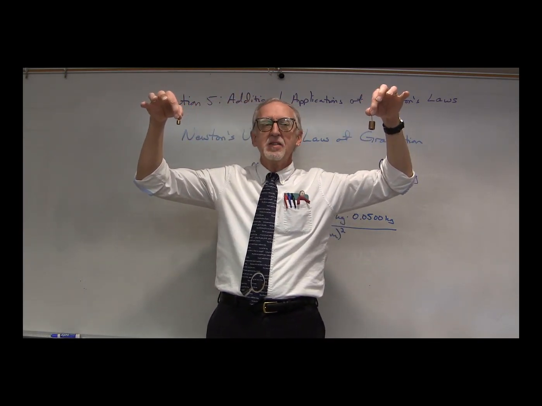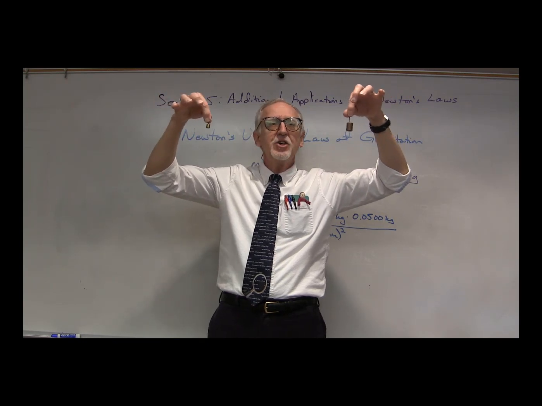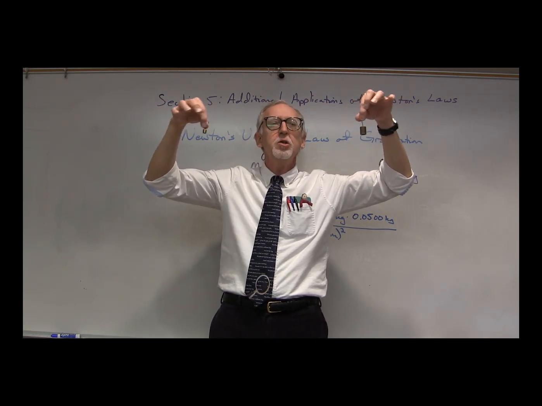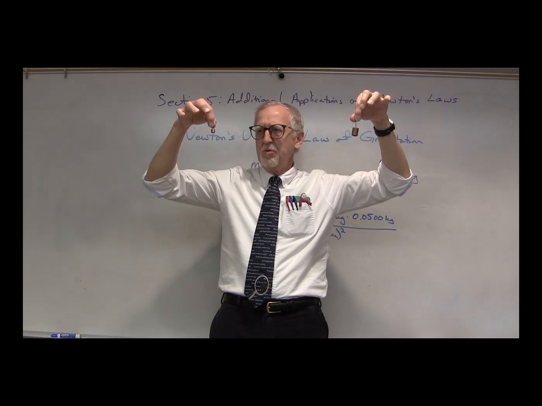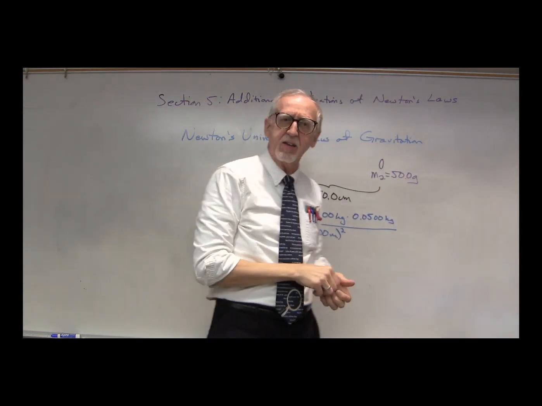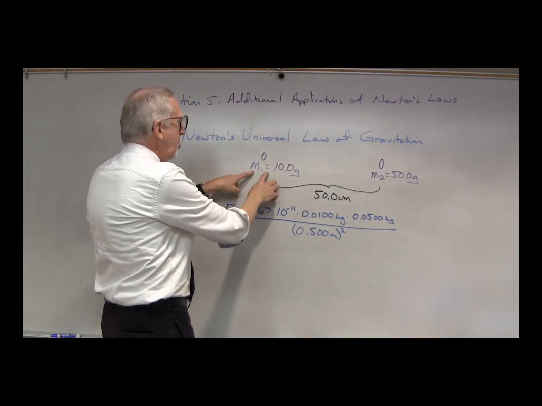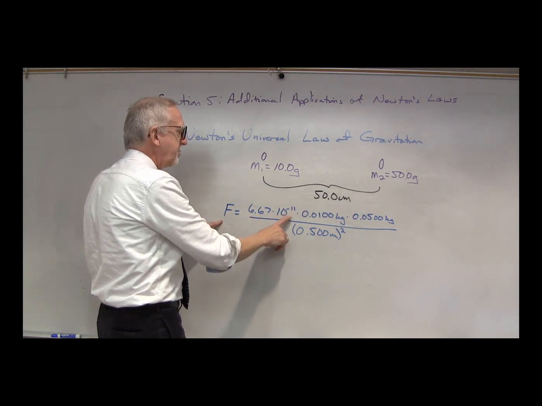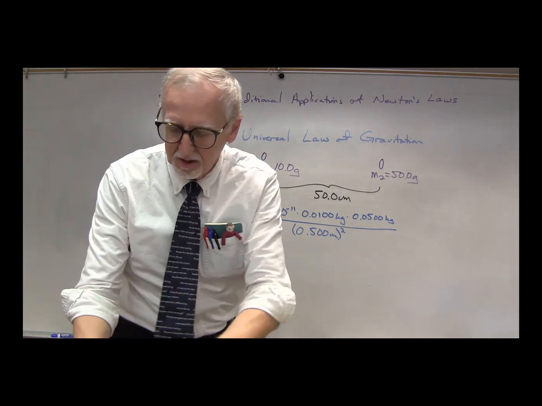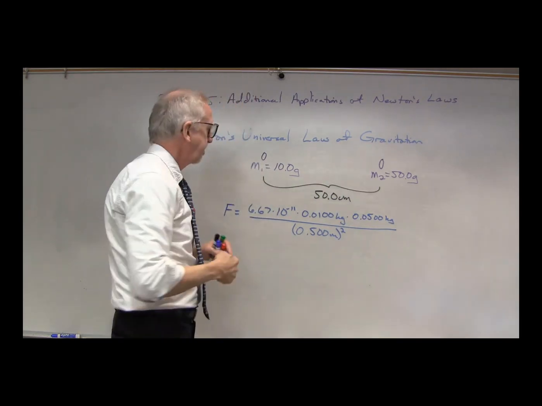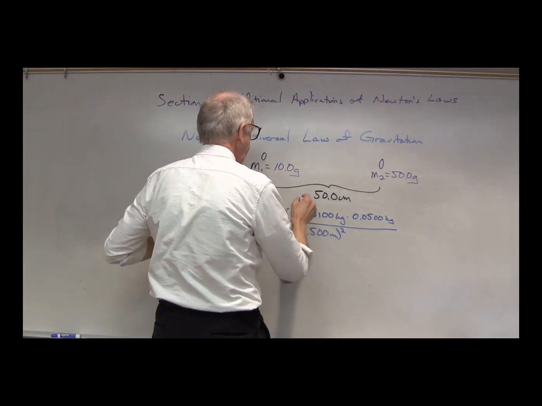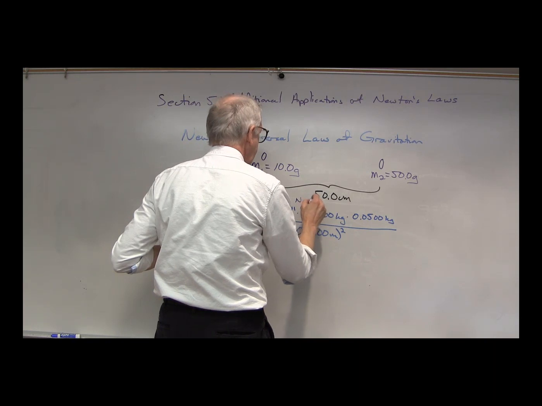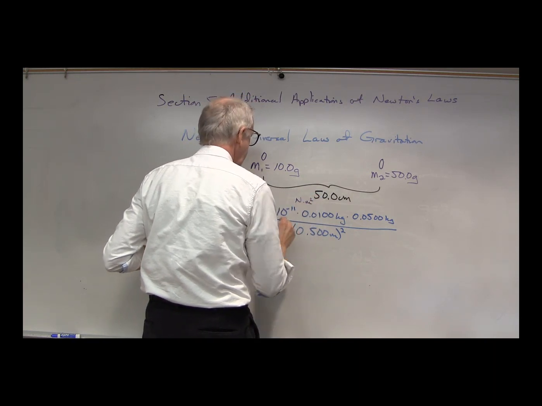Newton's law tells us that there is a force of attraction between them. They are being pulled together. I don't seem to really feel much. Let's do this calculation. So what do we have? We've got the force of attraction is 6.67 times 10 to the minus 11th. Whoops, and I forgot to put the units in there, haven't I? This would be Newton meters squared per kilogram squared.